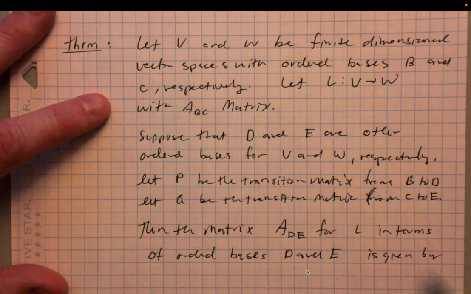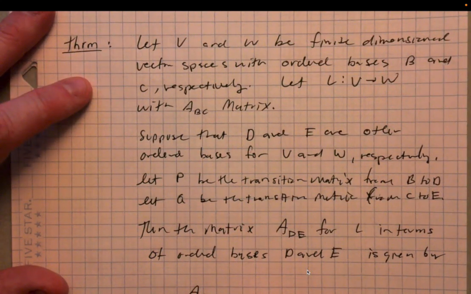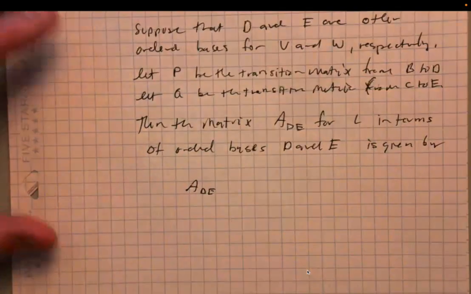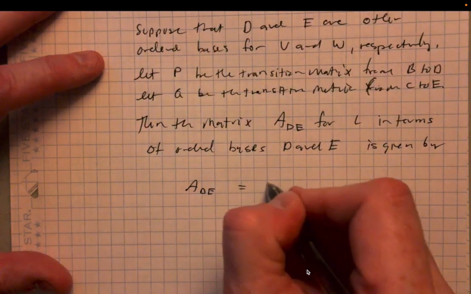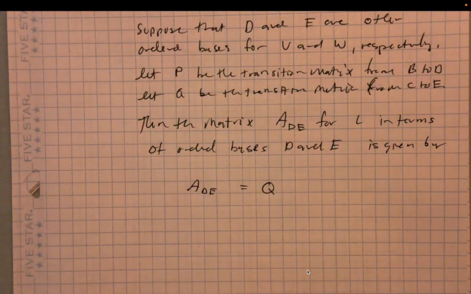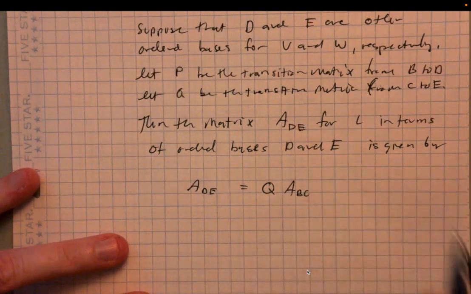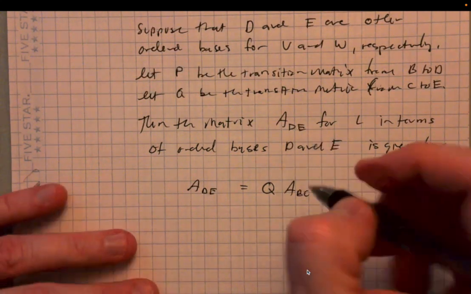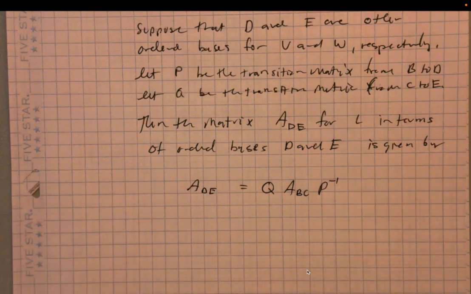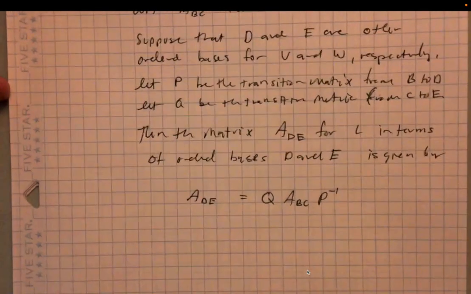Well, if I want to calculate A sub DE, that's equal to Q, the transition matrix from C to E, times A sub BC, which I already have, times P inverse. P is, of course, the transition matrix from B to D. Okay. All right, so let's think about this a little bit.